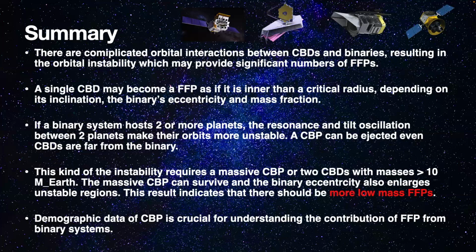I mean, if the binary and the planet apsides are aligned, it's like a circular case. Forced eccentricity. So you mean if the planet's orbit is eccentric, it may not enhance the stability. Okay, that's my guess. I didn't run the simulation with eccentric planets, but yeah.